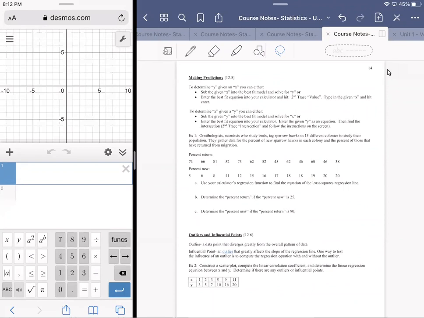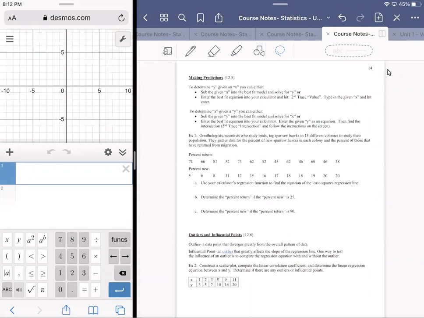Ornithologists, scientists who study birds, tag sparrowhawks in 13 different colonies to study their population. They gather data for the percent of new sparrowhawks in each colony and the percent of those that have returned from migration.